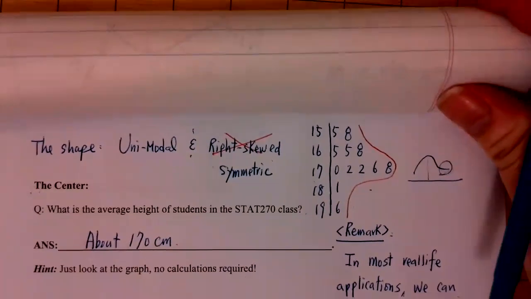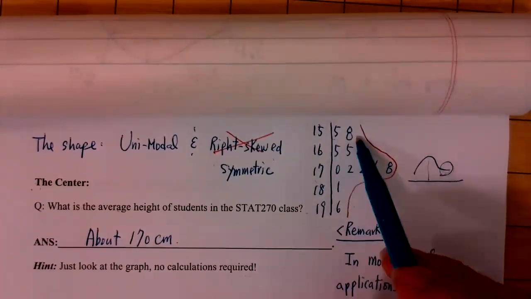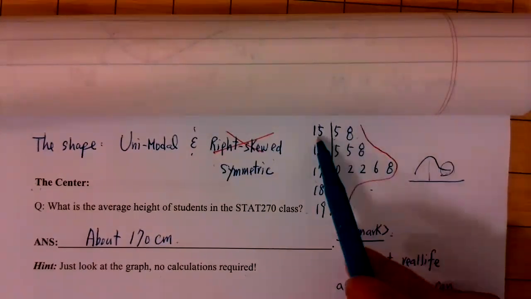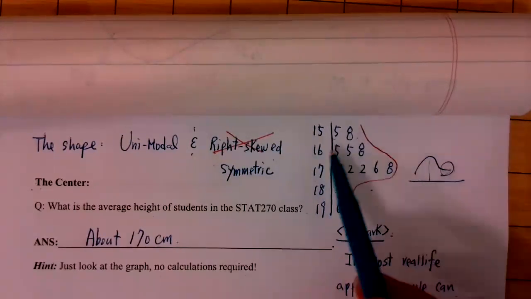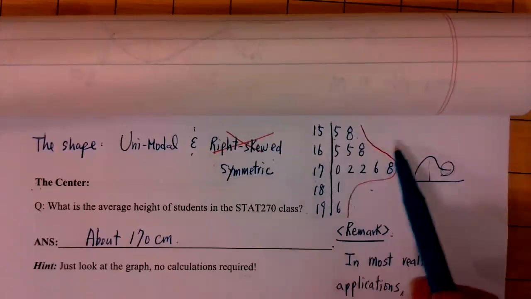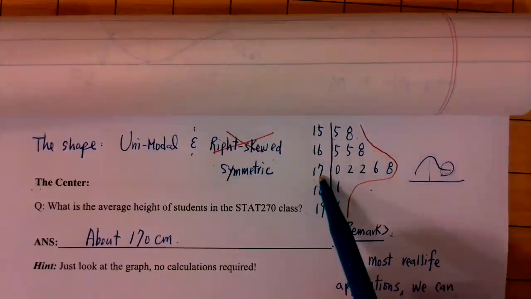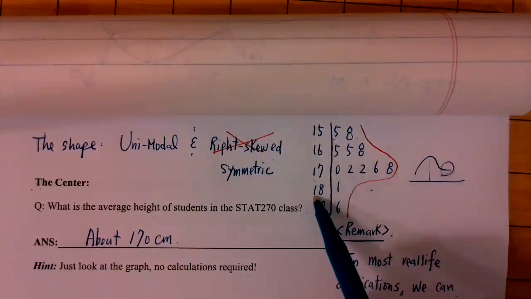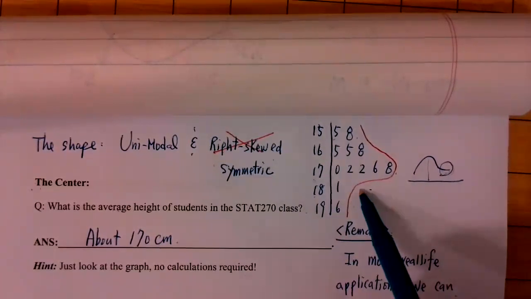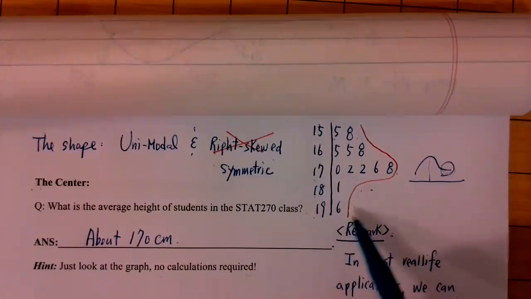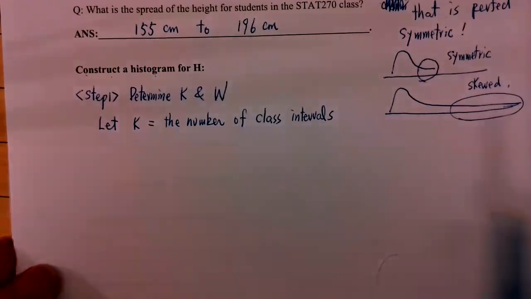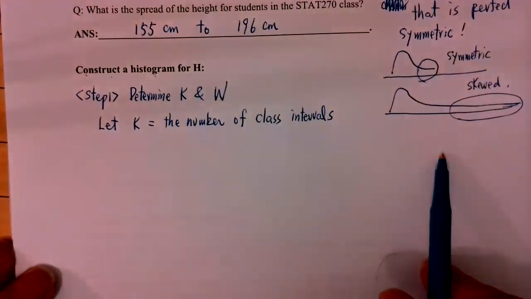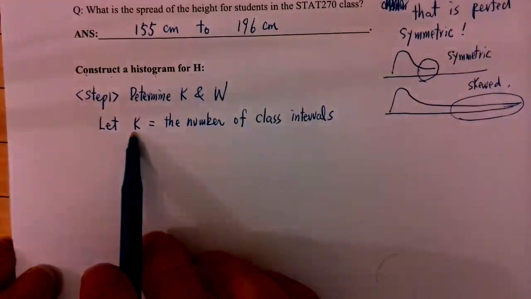What's a class interval? Look at the stem plot here. First class, from 150 to 160. Second class, 160 to 170. Third class, 170 to 180. The fourth class, 180 to 190. The fifth class, 190 to 200. So how many class intervals do we have here? If we use the same way as constructing the stem plot, K equals 5.